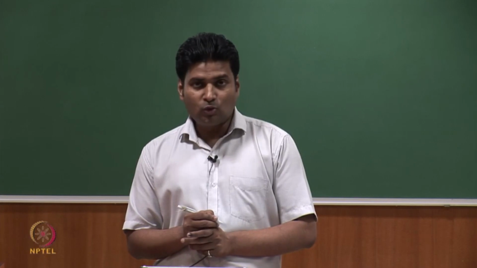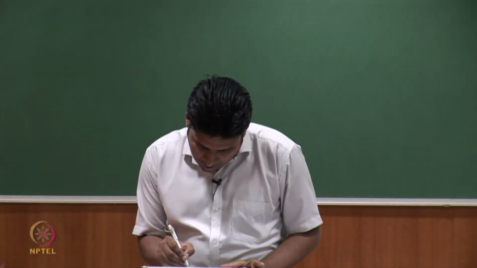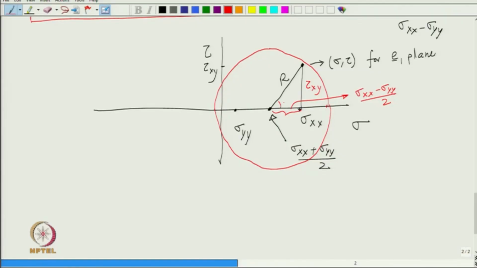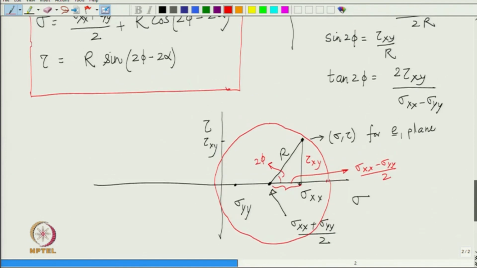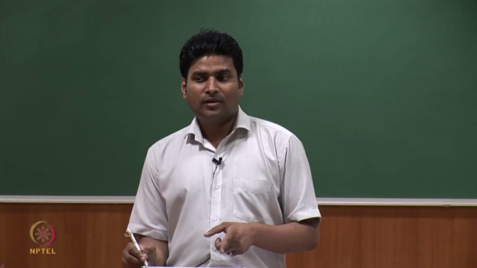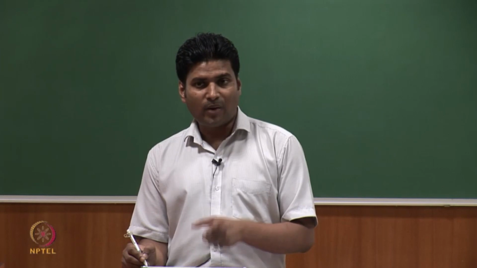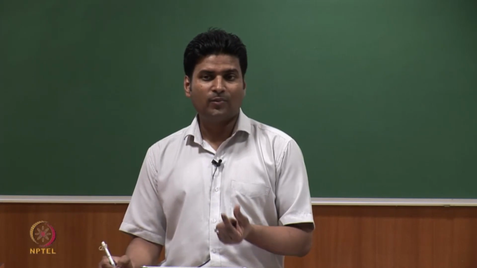Can you guess where is the angle 2 phi? So, 2 phi was the angle of that triangle, is not it? So, this is that angle 2 phi. Now, to find out sigma and tau on any plane with angle alpha, what should you do? Look at the formula and the circle. From the formula, for a plane alpha, the angle has to be 2 phi minus 2 alpha. See, the argument of cos and sin is 2 phi minus 2 alpha.